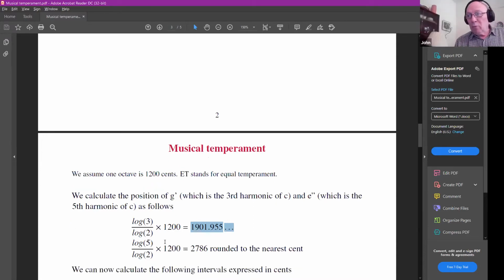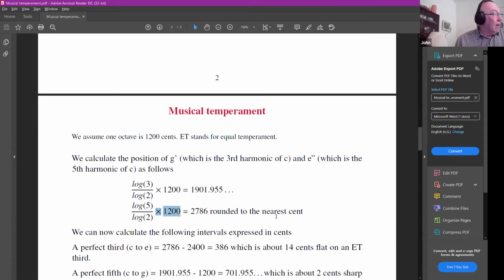Right now, the E double dashed is 5 times the frequency, so we have to scale from log 2 up to 1200 by dividing by log 2, and the E is 2786 cents approximately.